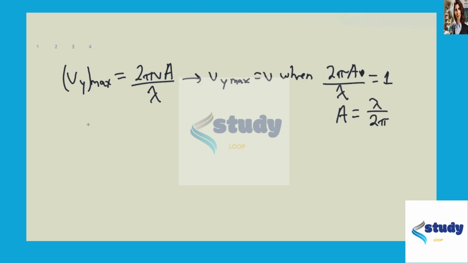And then the question is asking us, what are the conditions on the amplitude such that vy max would be greater than v, which means that 2 pi a over lambda must be greater than 1. And this means that a must be greater than lambda over 2 pi.